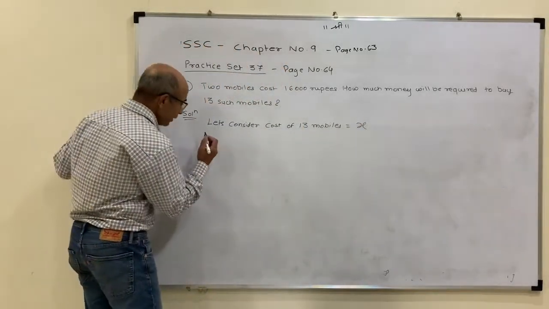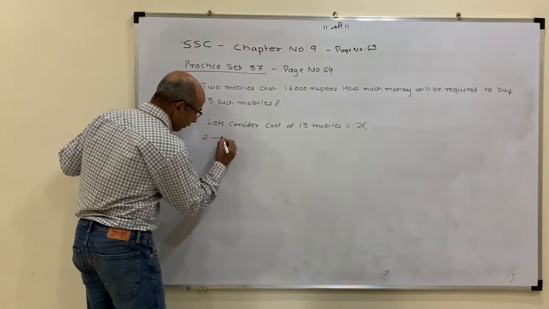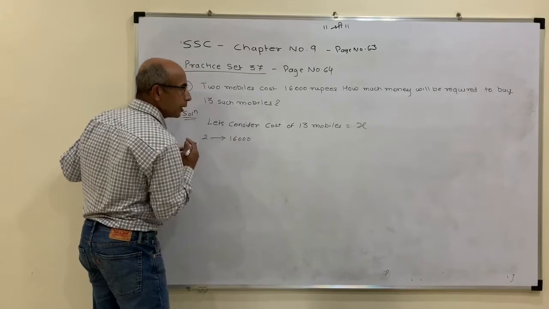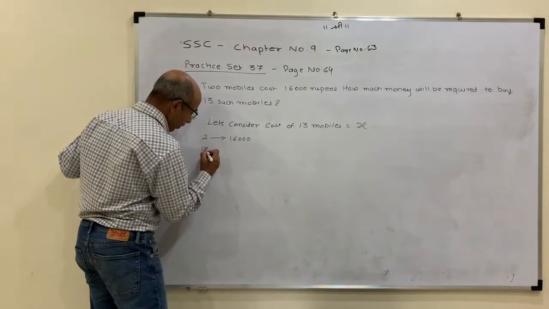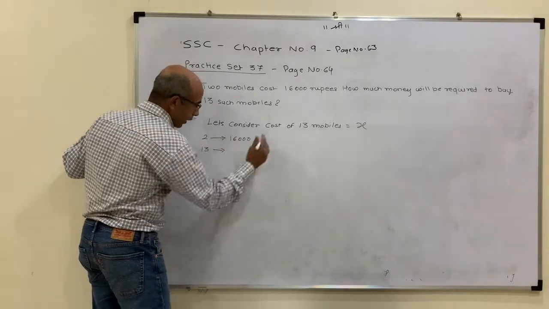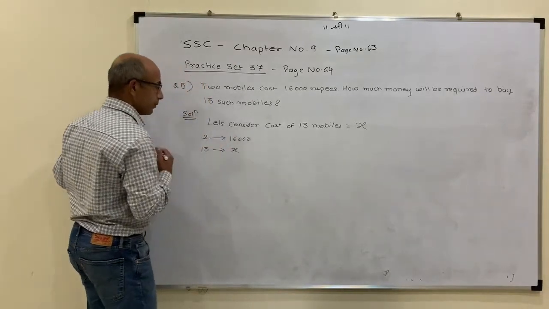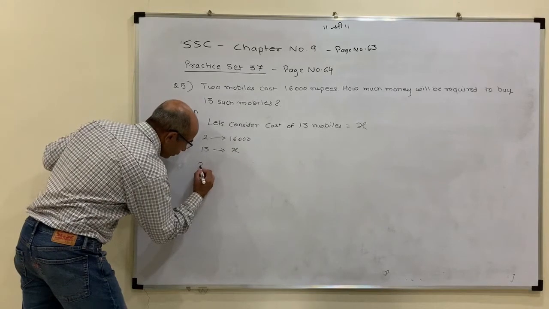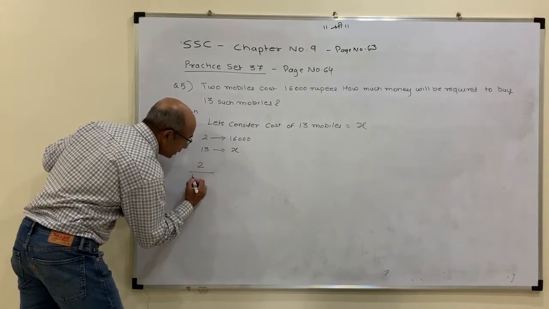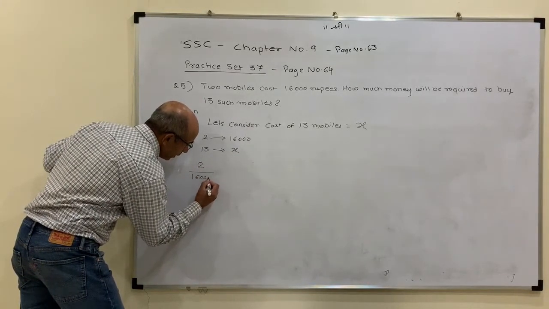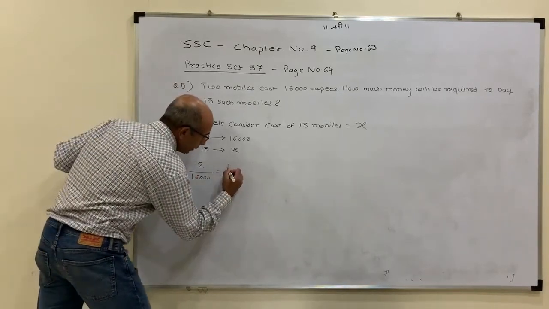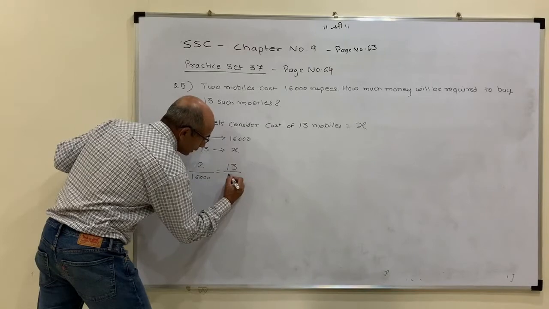Now what is given? 2 mobiles require 16,000 rupees, and 13 mobiles require, we have considered, x. So my equation will be 2 divided by 16,000 equals 13 divided by x.